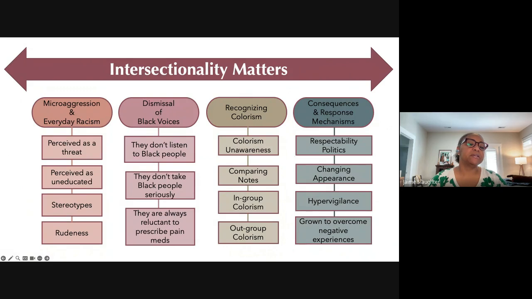So it appeared their experiences were shaped by microaggressions and everyday racism, with sub-themes as people saying that they were perceived as a threat or perceived as uneducated because of their skin tone. They also felt that they were stereotyped because of their skin tone. Depending on skin tone, some people felt that their voices were being dismissed.